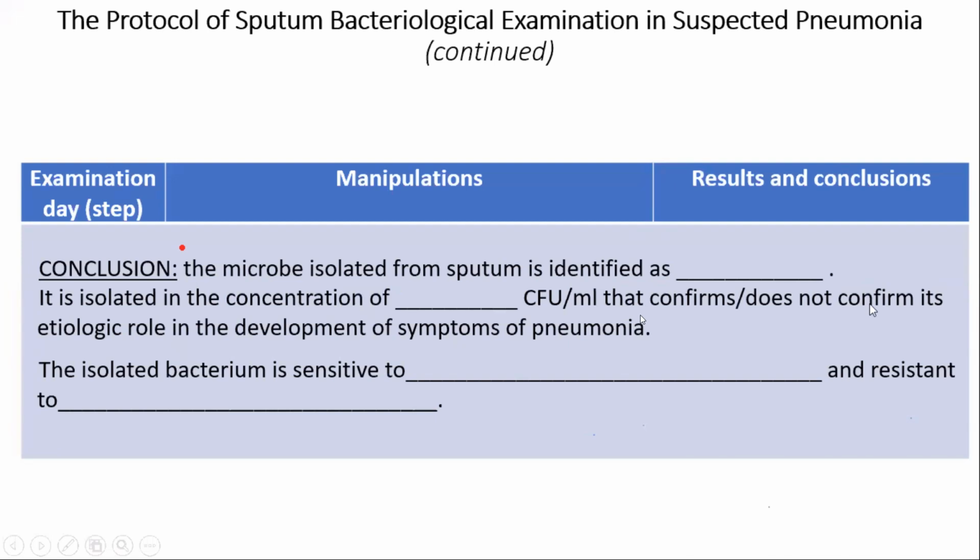Underline that this confirms its etiological role in the development of symptoms of pneumonia, because it prevails. It is found in a high concentration.